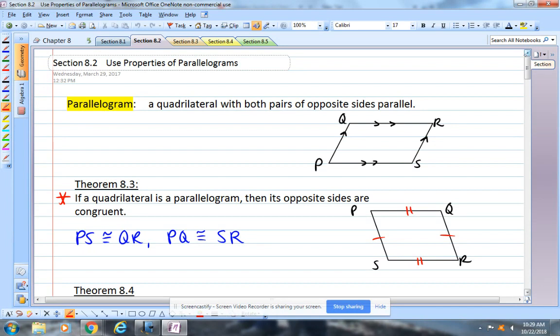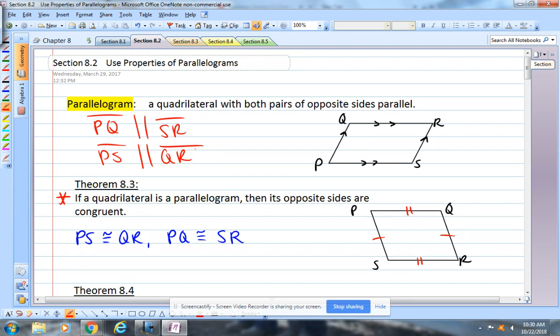Do y'all remember the symbol for parallel? That's perpendicular. Yeah, 2 lines. So PQ, a segment, is parallel to SR, and PS is parallel to QR. So parallel uses the 2 lines.